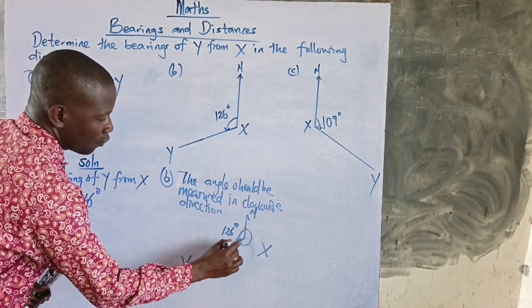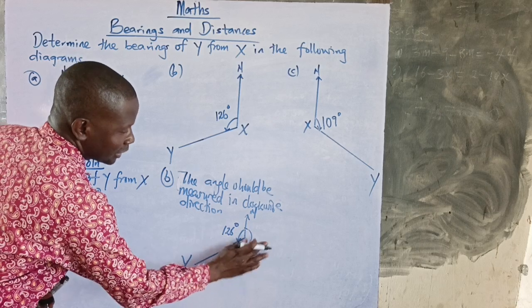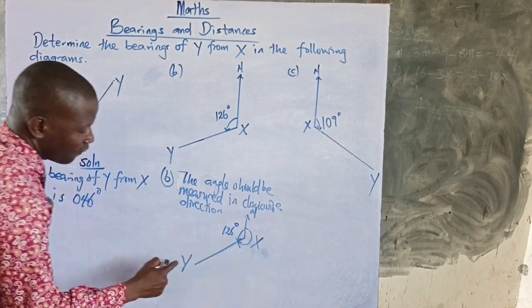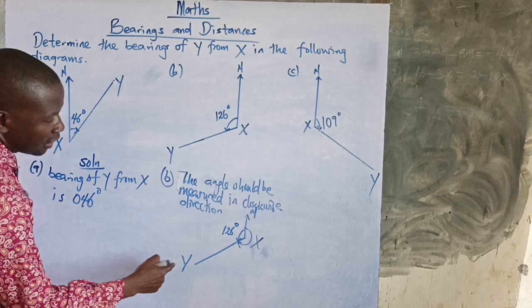So the bearing of y from x is the angle measured from the north of x to the line that connects x and y together.